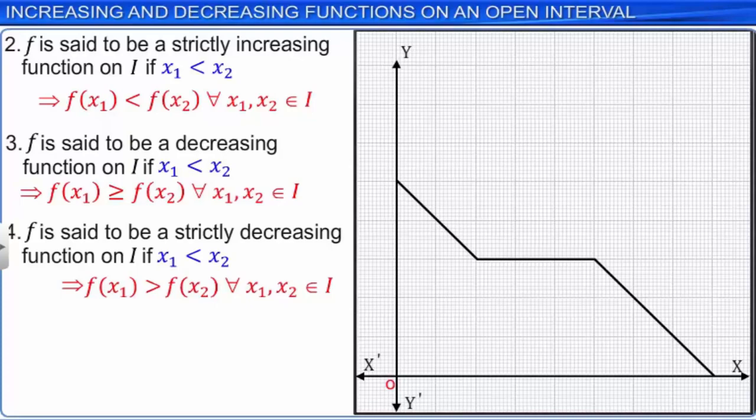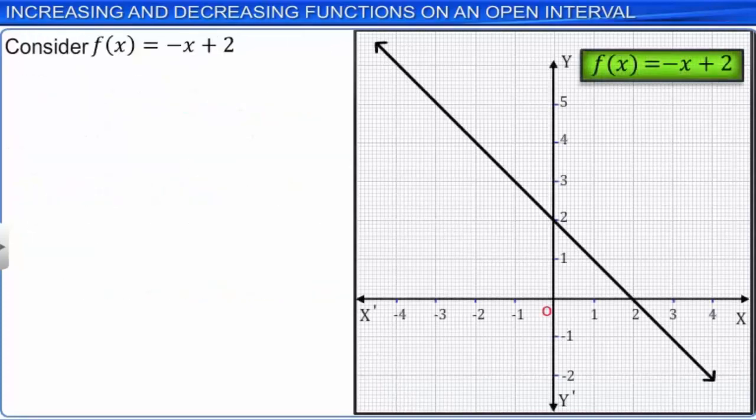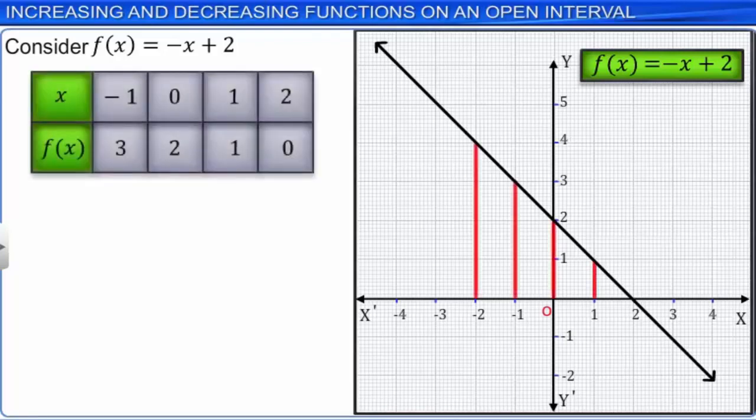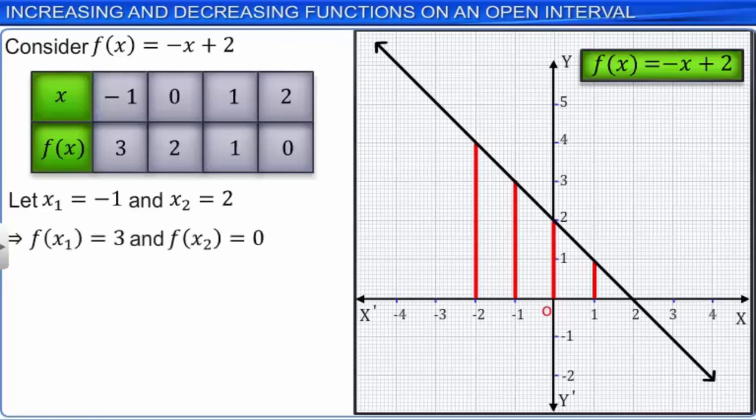x2. Now, consider the function f of x is equal to minus x plus 2. The graph of the function is as shown. Observe that as the value of x increases from -1 to 2, the value of f of x decreases from 3 to 0.